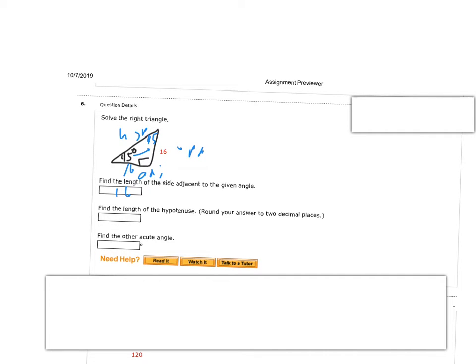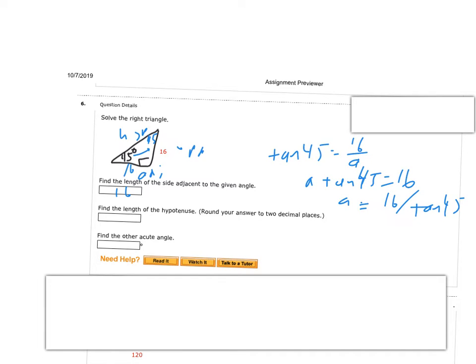The two legs are always the same. If you did want to do tan 45 equals 16 over a, we'll call it, or x, or whatever you want to call it, then we could say a tan 45 equals 16. And then a equals 16 over tan 45. If you did that, you would see that a comes out to 16 anyway, so however you want to do that.